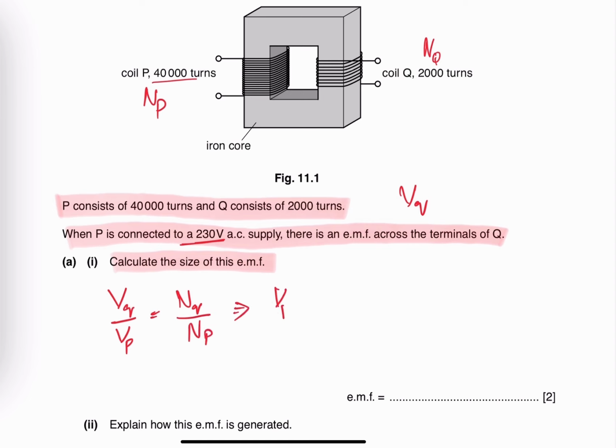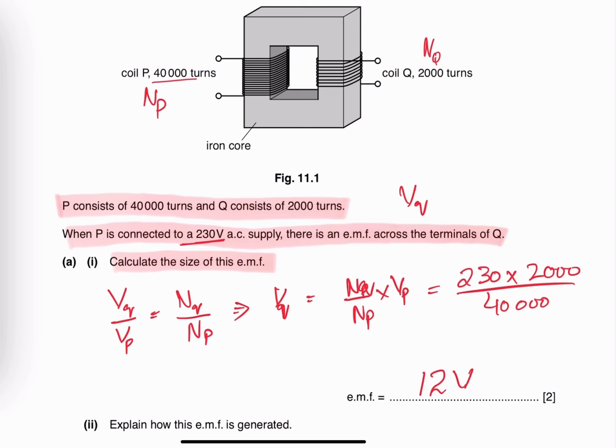Rearranging, VQ is equal to NQ divided by NP multiplied by VP. Putting the values, VP is 230 and NQ divided by NP is 2000 divided by 40,000. It will be 11 point something, that is nearly equal to 12 volts.